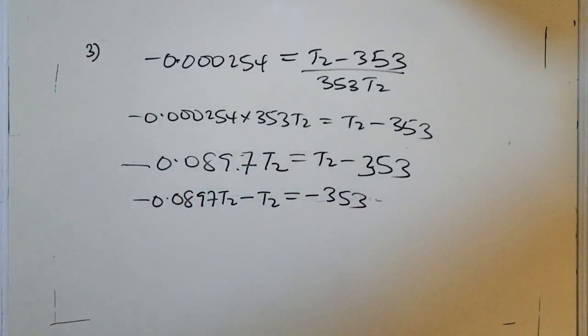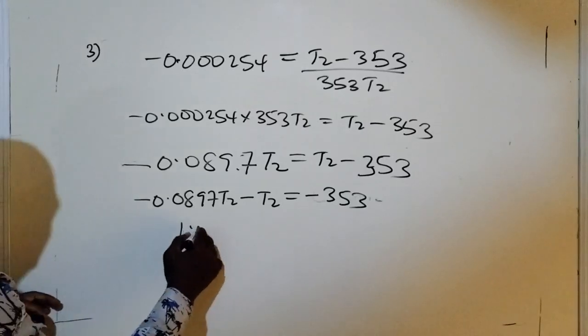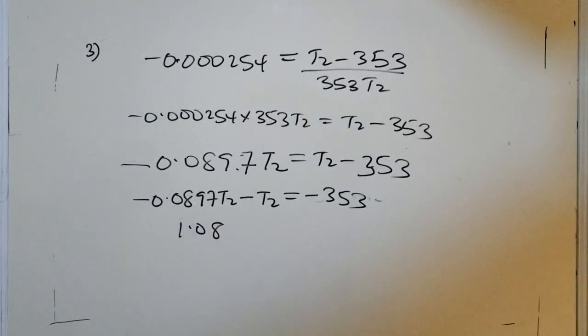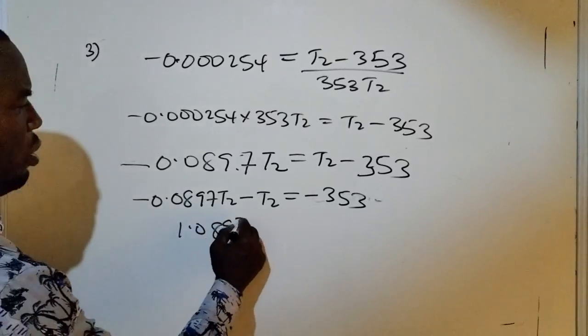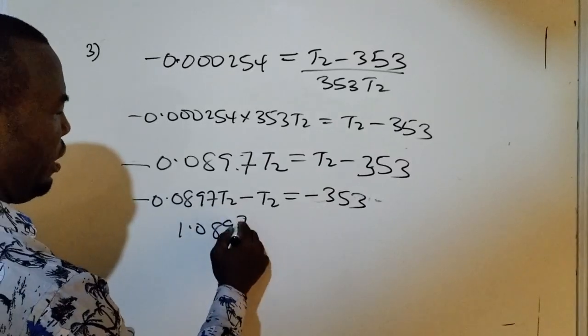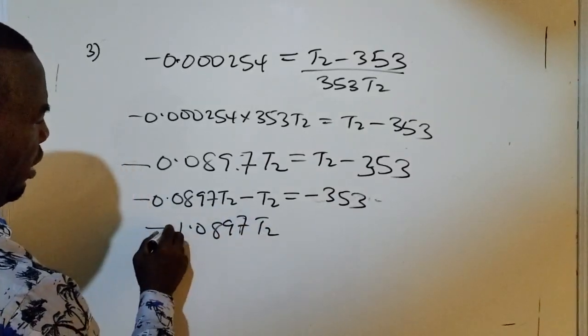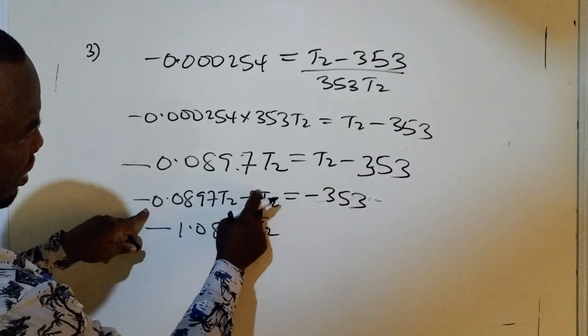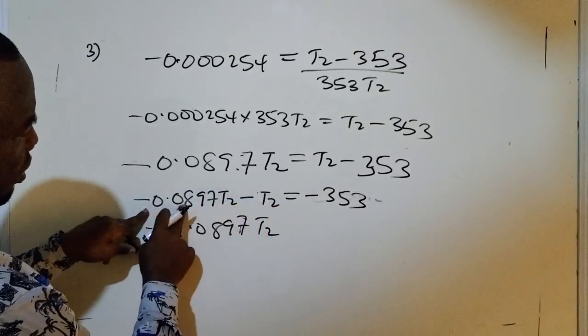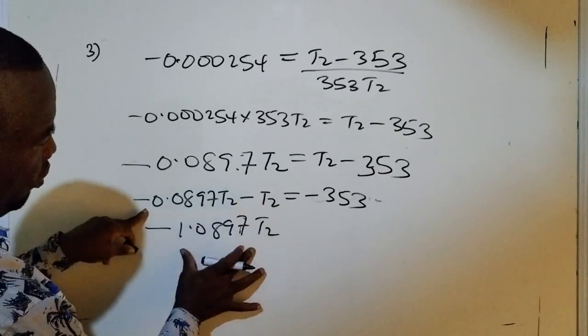So when you subtract negative 0.0897 minus 1, that gives you negative 1.0897.